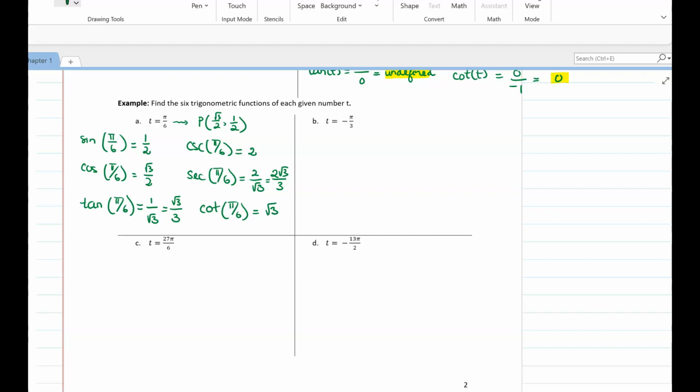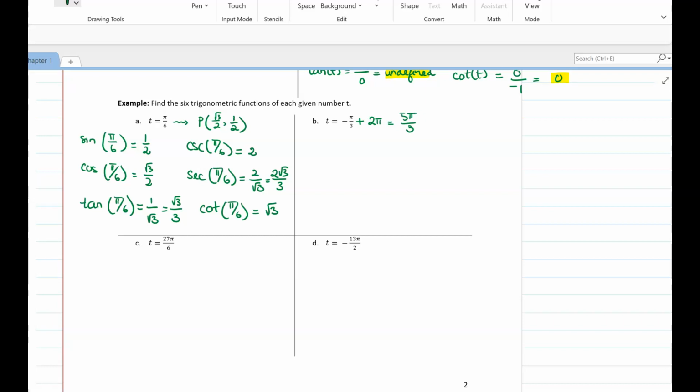So we want something that is between 0 and 2 pi. So I go ahead and add 2 pi to negative pi over 3 to figure out what quadrant t belongs to. So this is equal to 5 pi over 3.